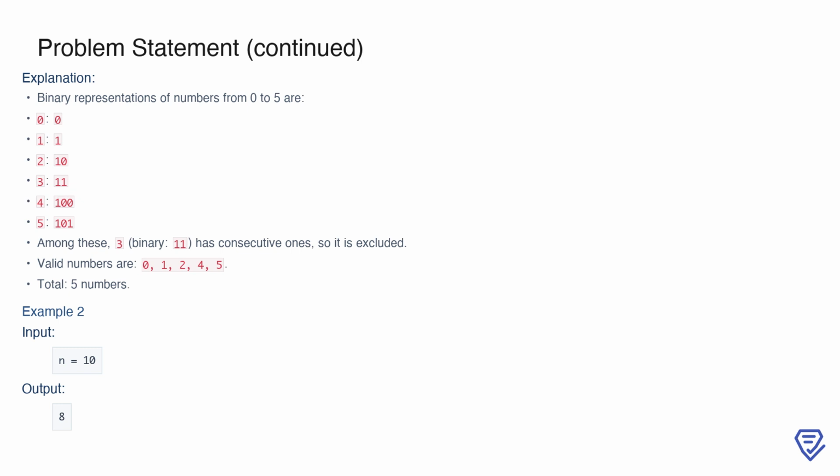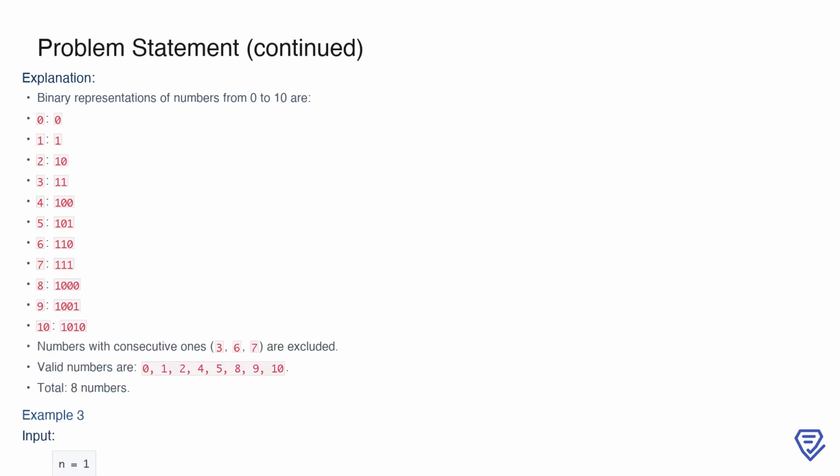Similarly, for another example, if n is 10, we would follow the same process to find the valid numbers in the range. Now let's look at the case where n is 10. The binary representations of numbers from 0 to 10 are: 0 is 0, 1 is 1, 2 is 10, 3 is 11, 4 is 100, 5 is 101, 6 is 110, 7 is 111, 8 is 1000, 9 is 1001, and 10 is 1010.